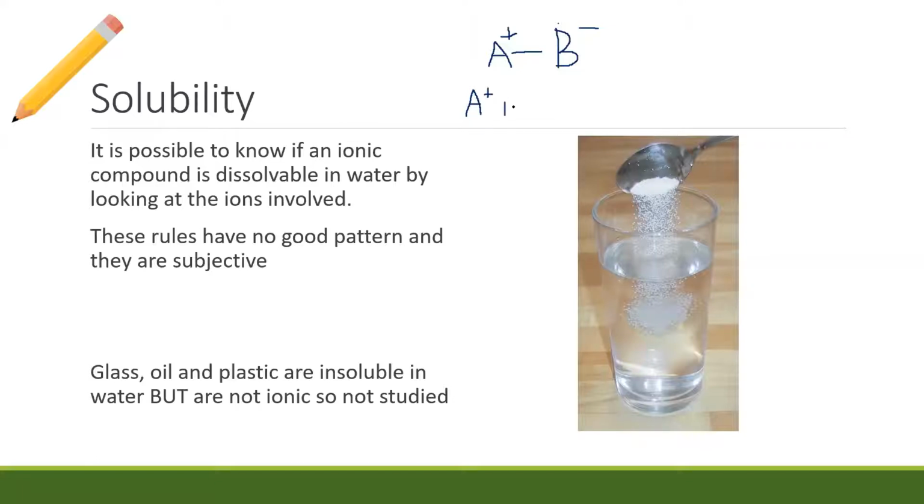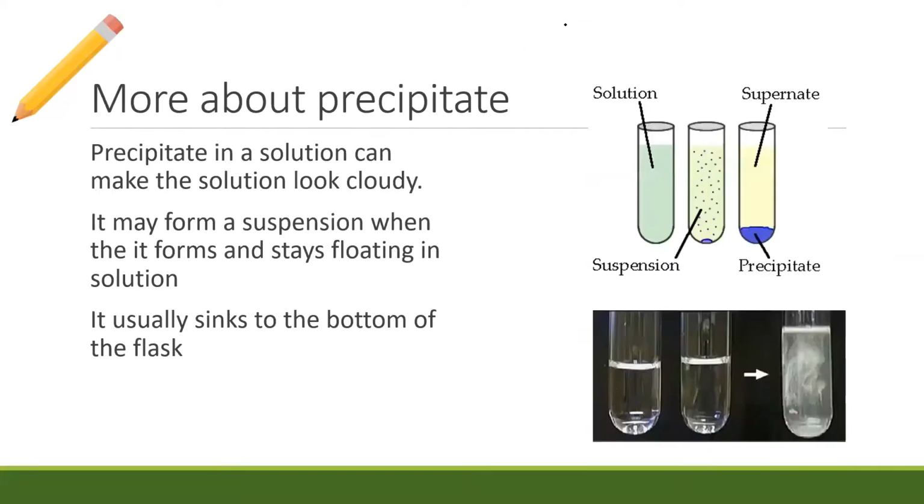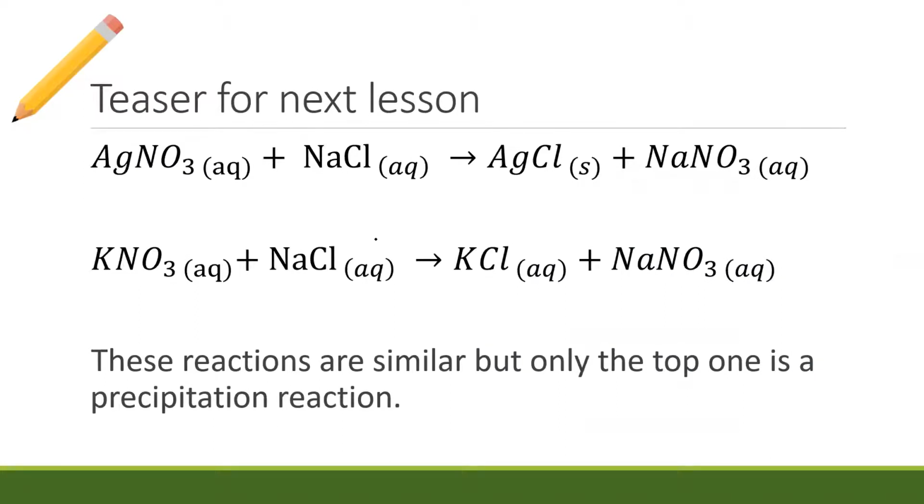So when we talk about ionic charge, when we talk about ions, that's what we're referring to. A plus is an ion. B minus is also an ion. So ionic bonding is when you take two ions and you jam them together because they've got opposite charge. Most of the double displacement reactions, if I go backwards for a sec, these are ionic bonds. We've got potassium bonded to a nitrate.